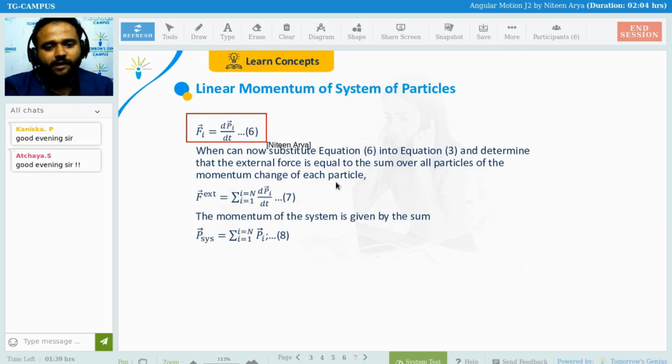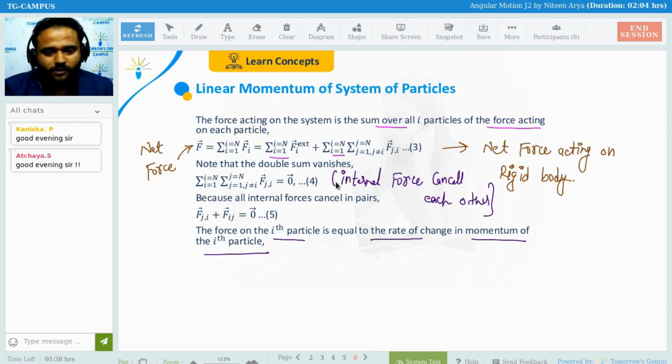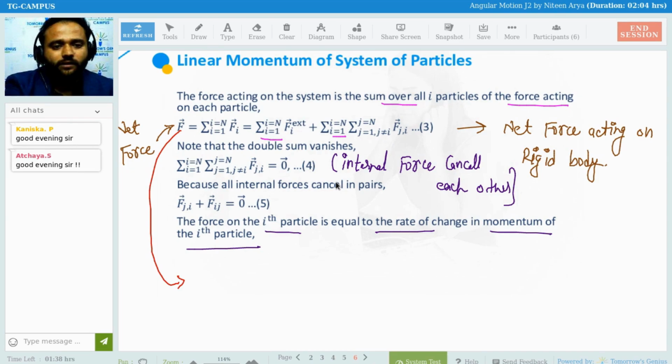So we can now substitute equation 6 into equation 3, the external force, the sum from I equals 1 to n, which is equation 3. This is equation 3. The third equation is already converted using equation 4. Okay, just a minute.